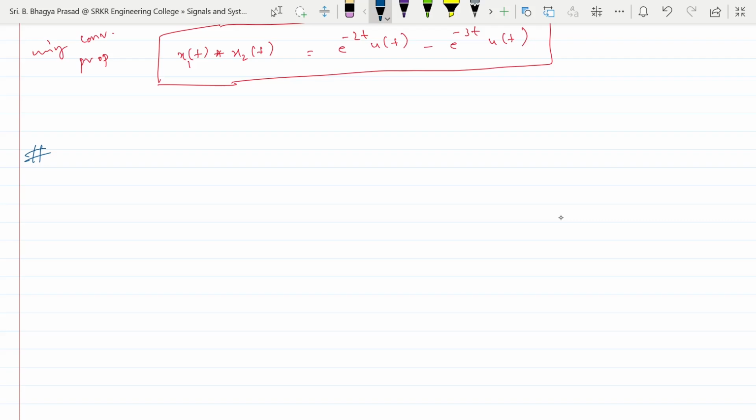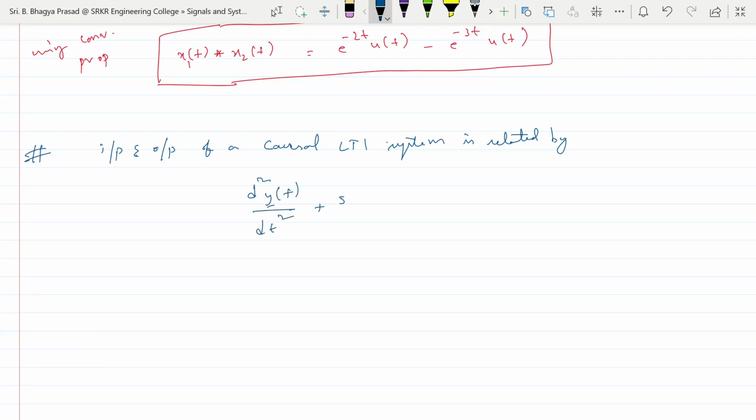Take the input and output of a causal LTI system, where a system is represented by a linear constant coefficient differential equation. The input and output of a causal LTI system are related by d square y of t by dt square plus 5 dy of t by dt plus 6 y of t equal to x of t.